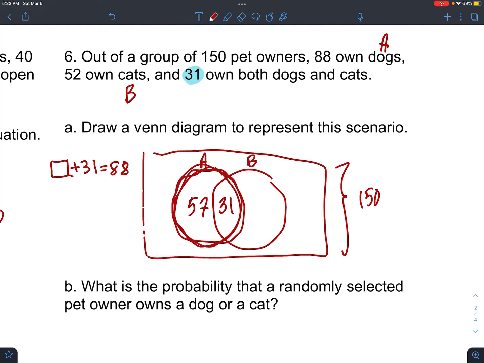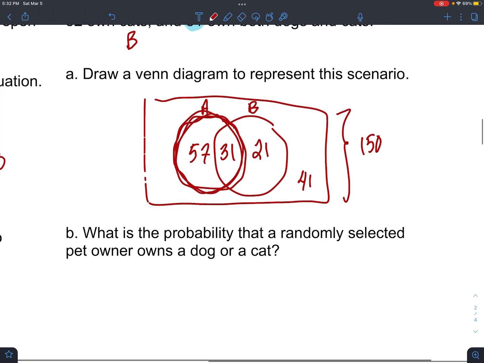It's either the part that's just A or the part that also has B. So in the B group, if there's 52, then that means there's 21 here. Okay? And if you do a little bit of calculating, you'll see that there's 41 left over. If you add up all four of those numbers, you should get 150.